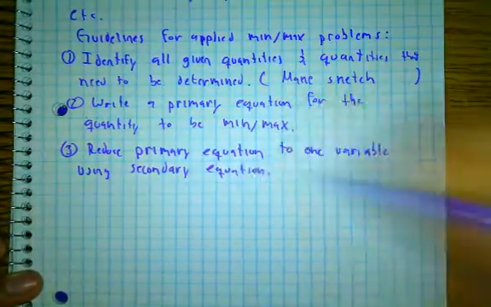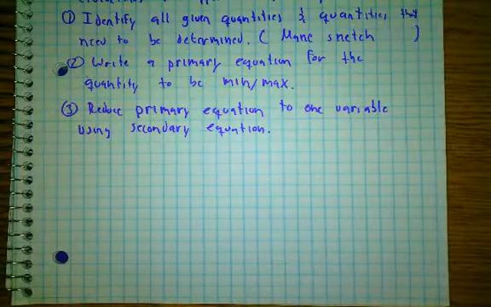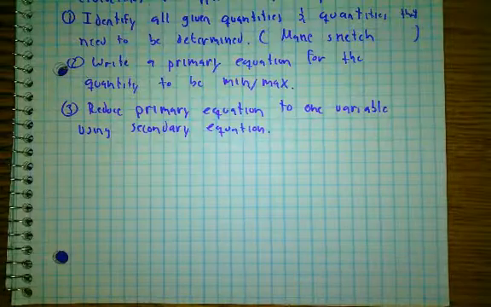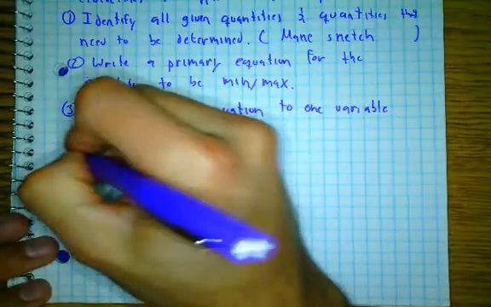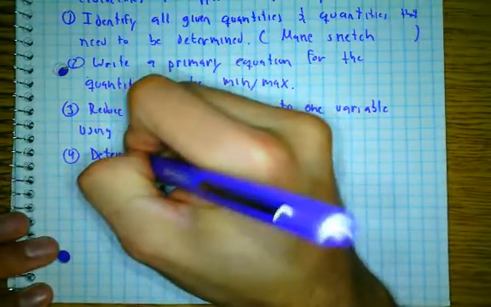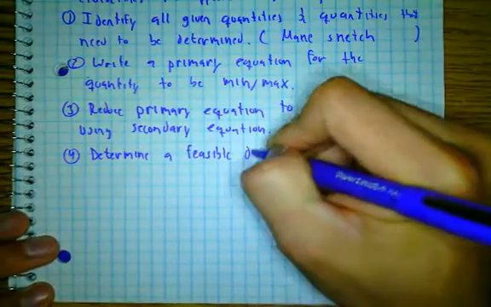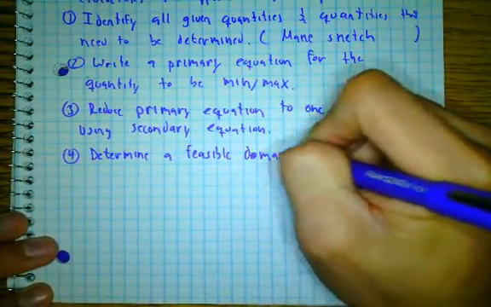So we're going to reduce your primary equation to one variable using a secondary equation. Step number 4 is to determine a feasible domain for the problem.